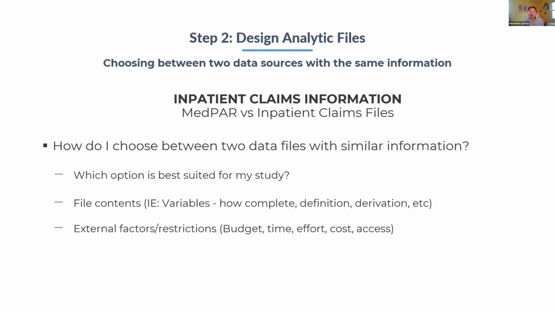So if you're working with the MedPAR where each row is a stay, you just want to double check and make sure that the derivations used to create the MedPAR fit what you need for your study as well. And then, of course, there are external factors as well. So whatever your budget or time, effort, cost, access, all of these things speak to it as well.